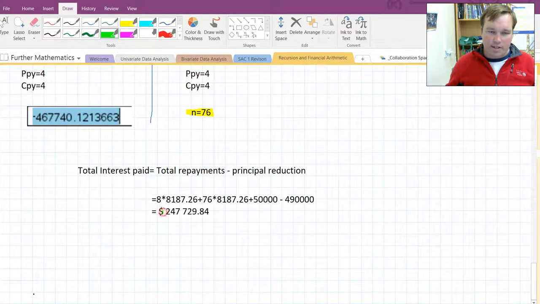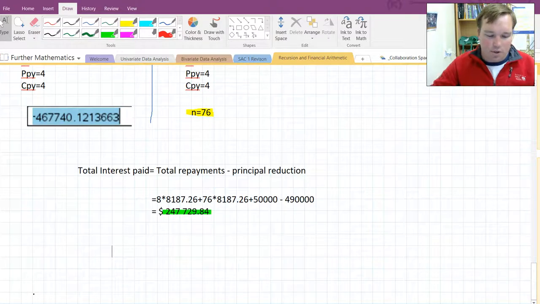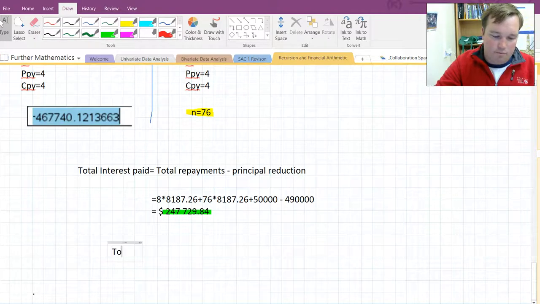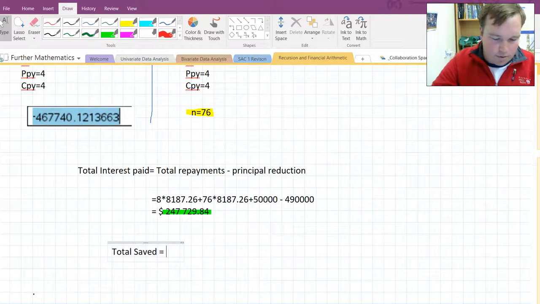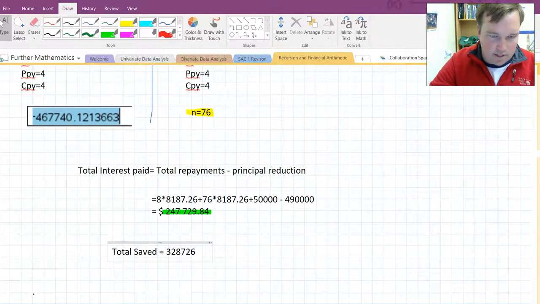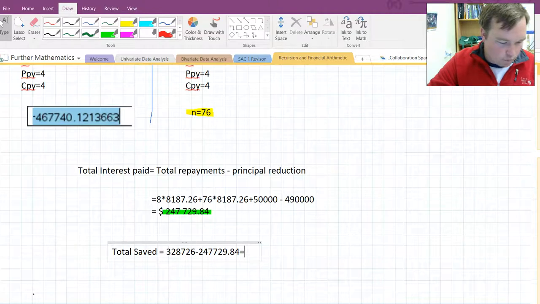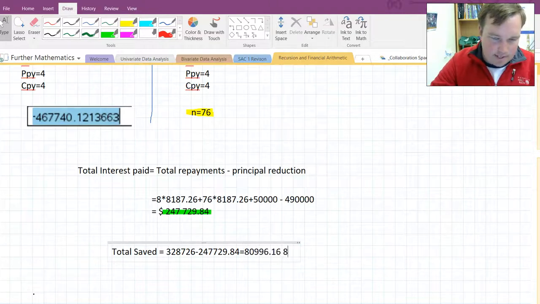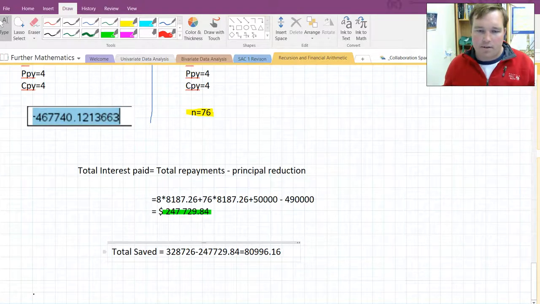This $247,000 is the interest paid with the $50,000 inheritance. So total saved will be equal to 383,287.26 subtract 247,729.84, equal to 80. Yes, that exactly.